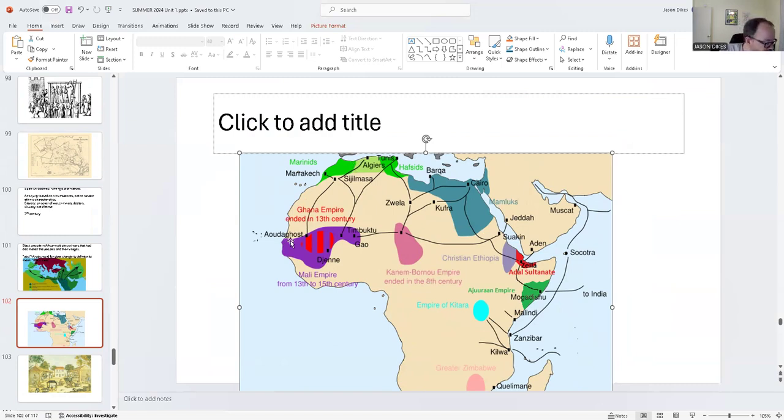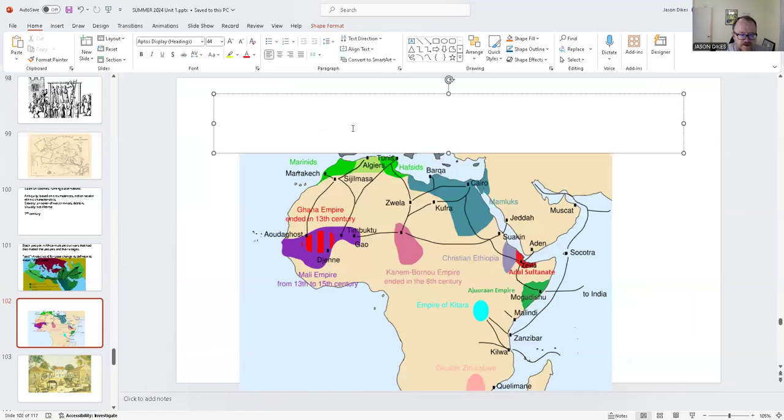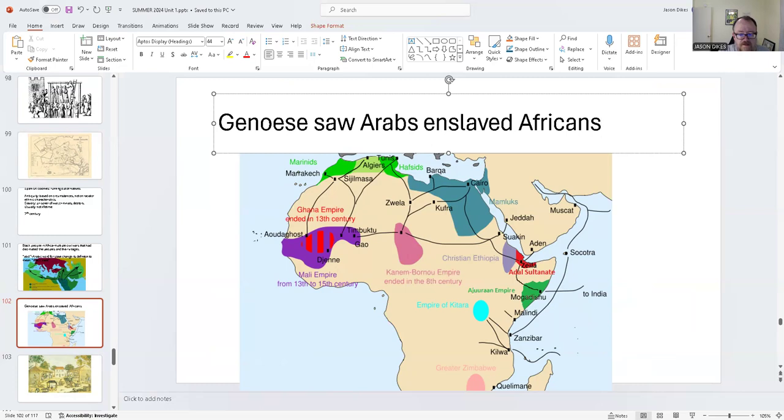And what began to happen is the first Europeans to pick up on the idea of enslaving Africans were the Genoese, what is now Italy. They took a look and saw that Arabs enslaved Africans. And so why reinvent the wheel here?